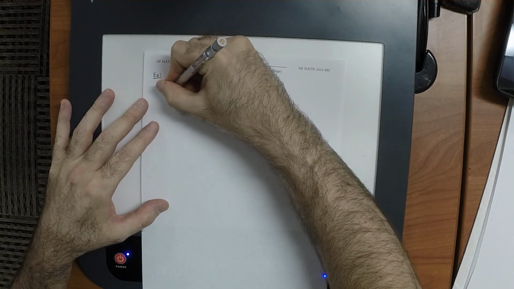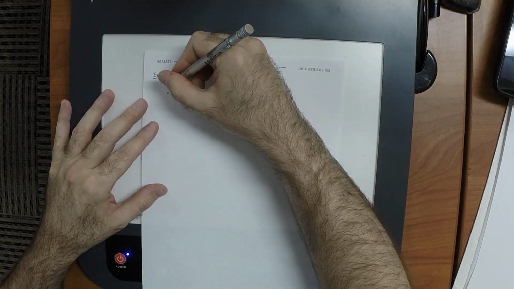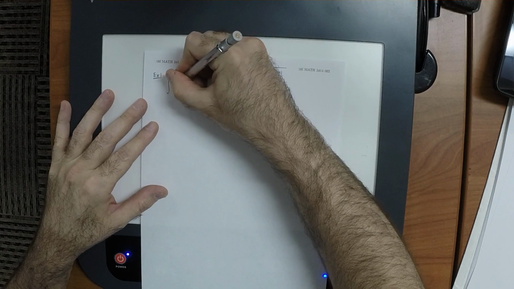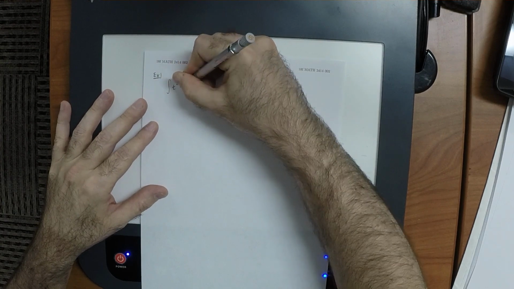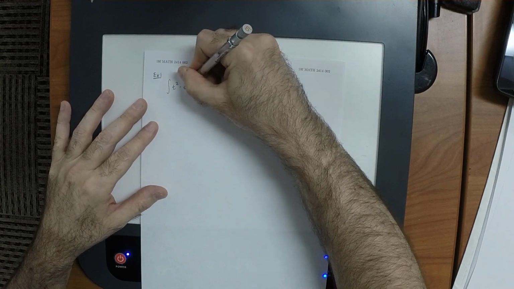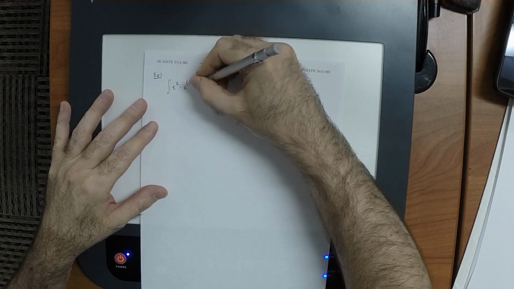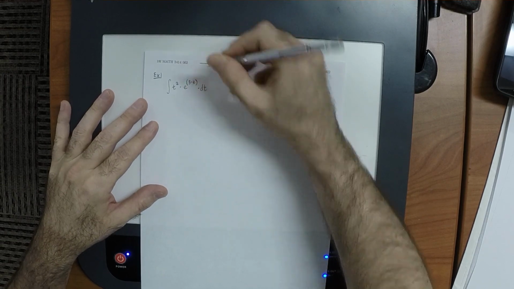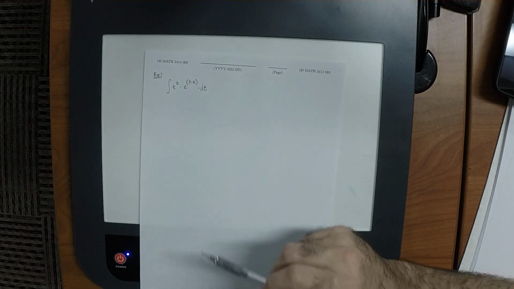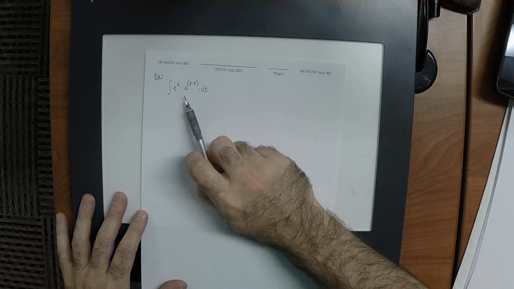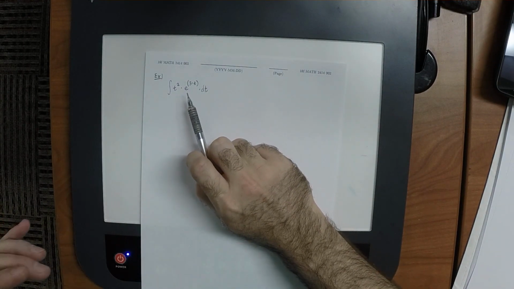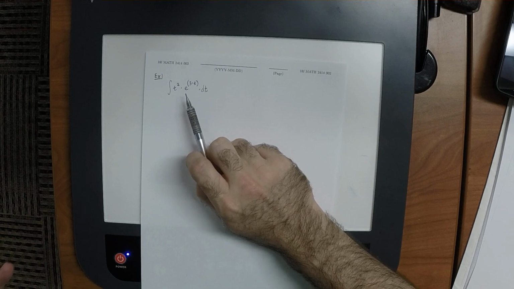How about the antiderivative of, well, this will be fun, t squared multiplied by exponential of 3t dt. Okay, so this one is almost possible to do with a substitution.